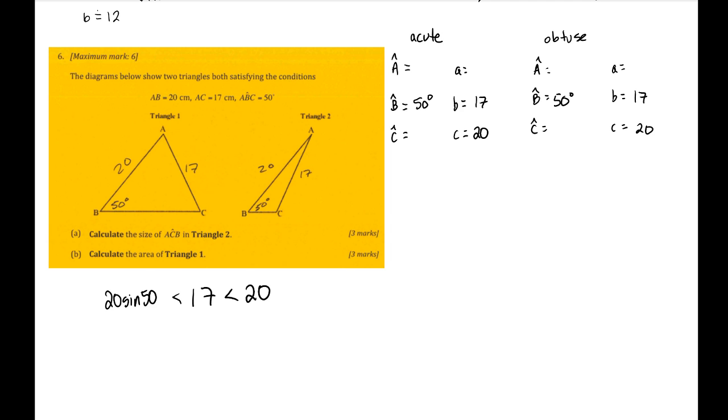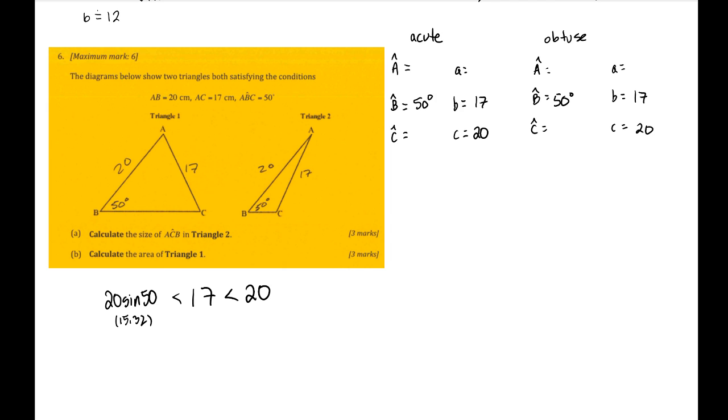And so if I, oh, whoops, I was about to type that into my graph. That wouldn't work. If I do 20 sine 50, what do I get? I get 15.32, right? So that tells me right there, because it's between those two boundaries, that this would be an ambiguous case question.